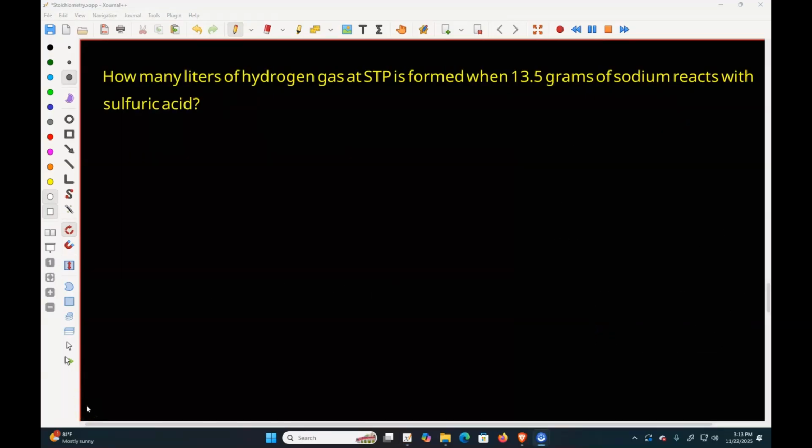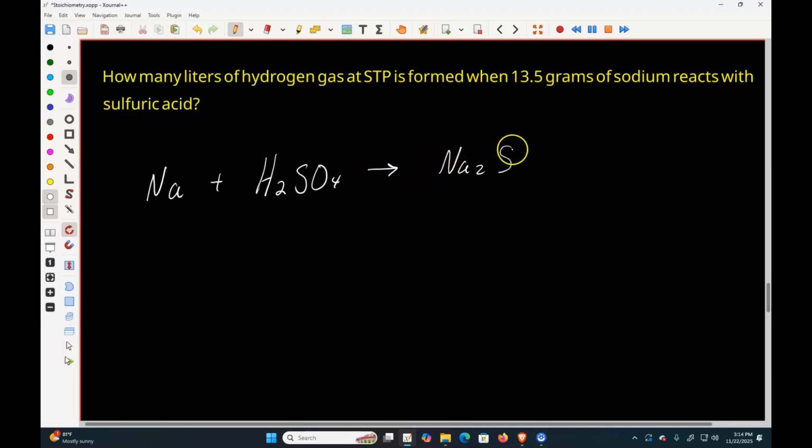How many liters of hydrogen gas at STP, which stands for standard temperature and pressure, is formed when 13.5 grams of sodium reacts with sulfuric acid? Sodium plus sulfuric acid is going to make a salt, sodium sulfate, plus hydrogen gas.